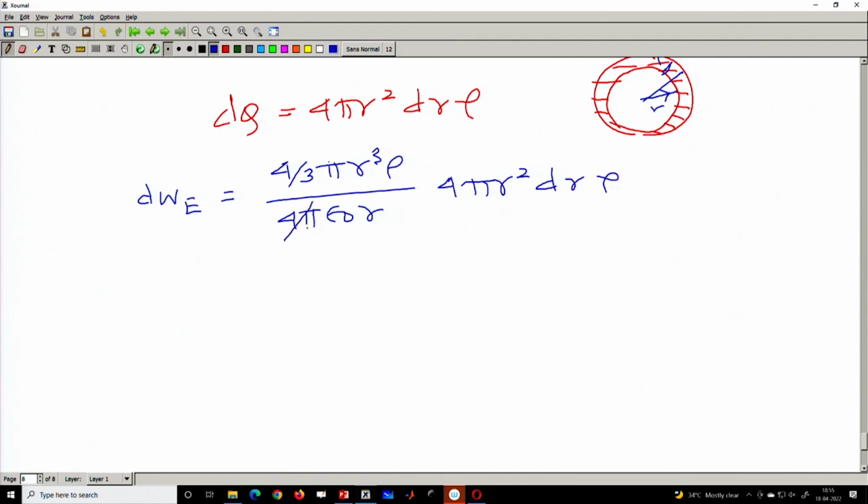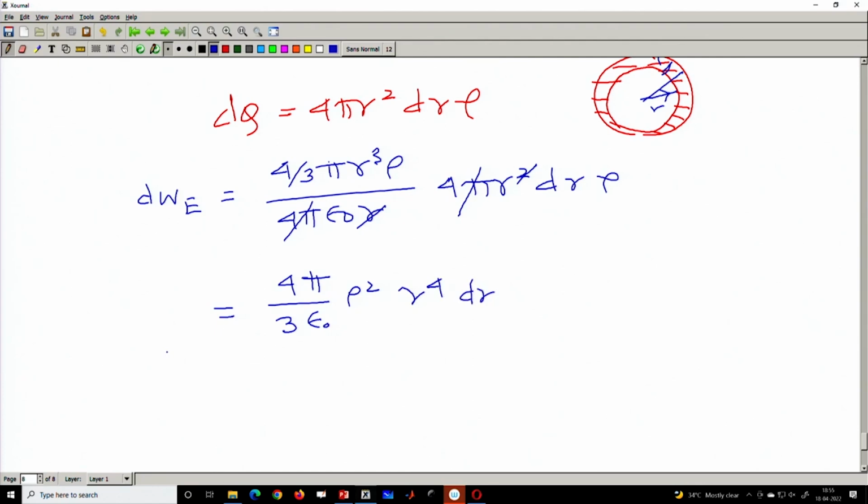So, 4 pi is going to cancel out and a few more terms will cancel out. 1 r and 1 r square will cancel out, epsilon 0 remains the same. So, eventually I have 4 pi divided by 3 epsilon 0 and then rho square, and then r to the power 4 dr.